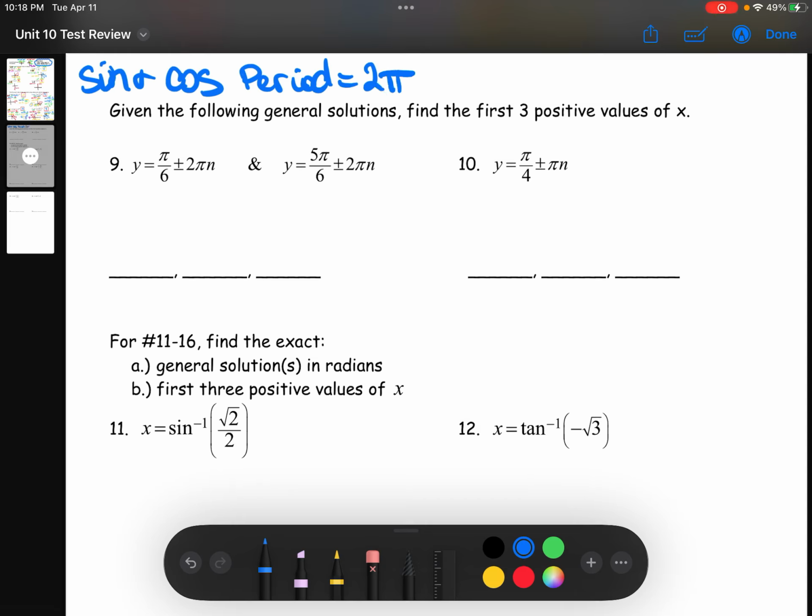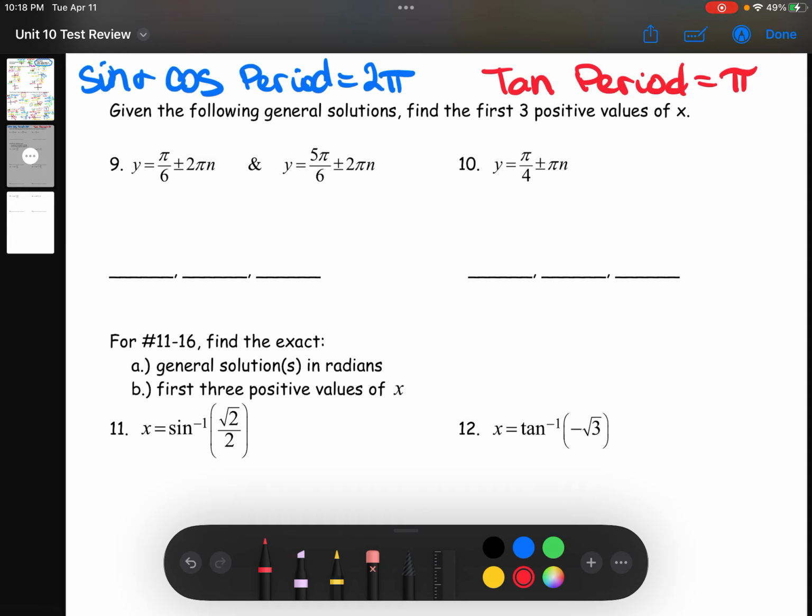So there are two solutions per cycle for sine and cosine, and two general solutions for sine and cosine. Tangent, and therefore cotangent, has a period of pi radians, and it also only has one solution per cycle, so one general solution for a tangent.